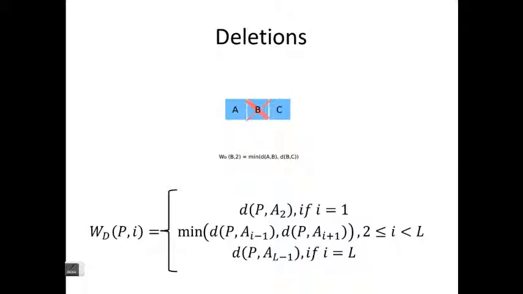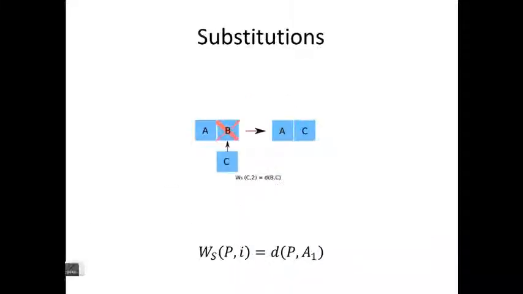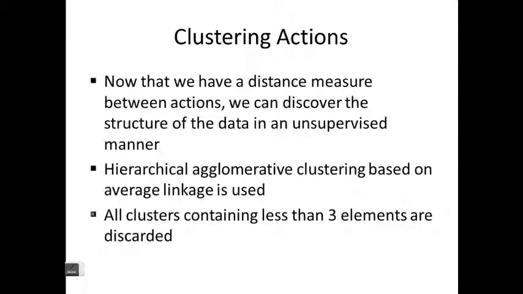If you're removing the last one, you look at the distance between the last and the second last one. And if you're removing anything in the middle, you look at the distance between the two poses that flank the one that you removed. And finally, for substitutions, you just look at the distance between the one that was substituted and the one that you used in place of it.